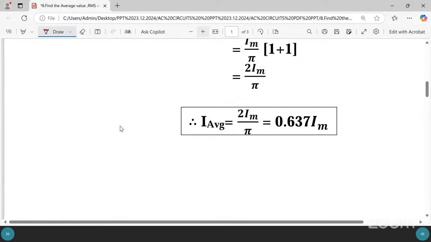Why pi? Because it is a symmetrical waveform. If you do this calculation part, this is the answer. You have to do this calculation to get 5 marks.